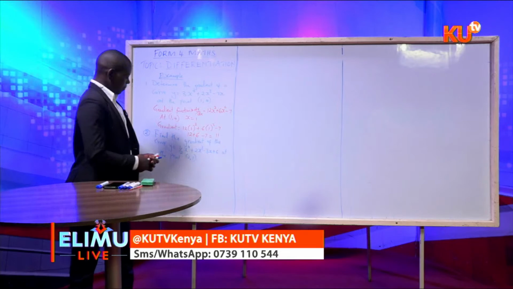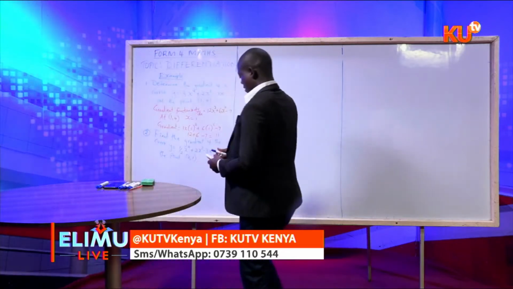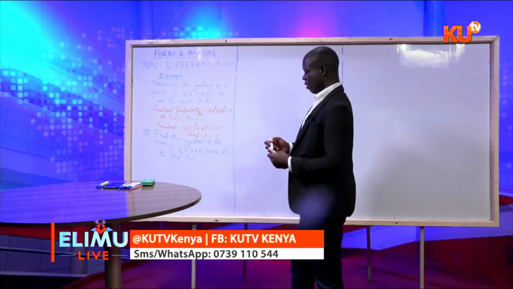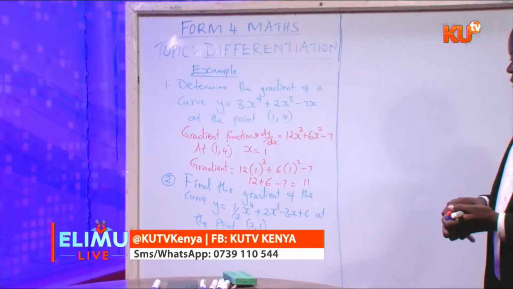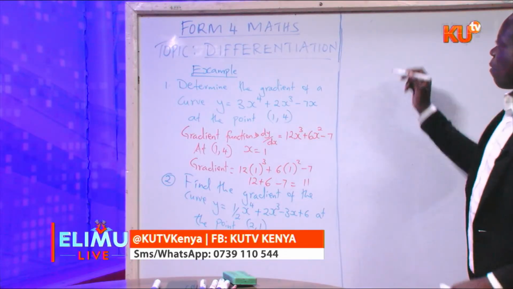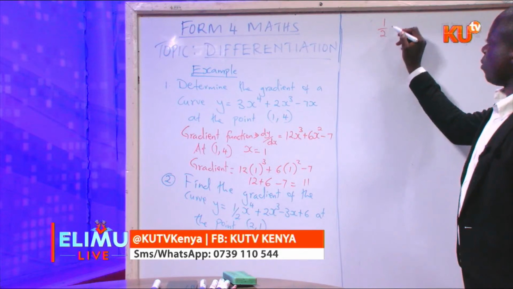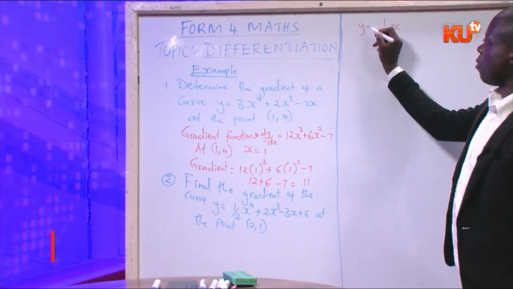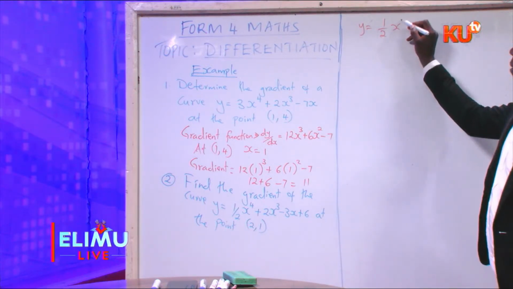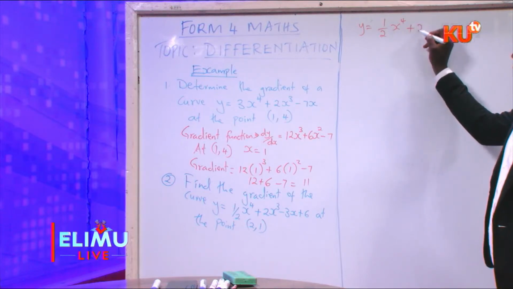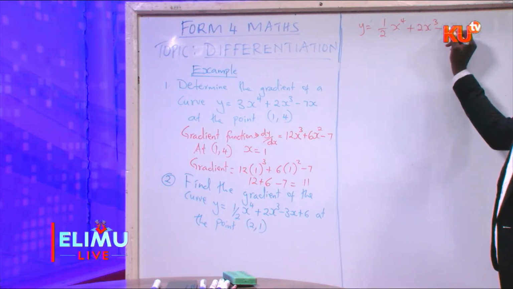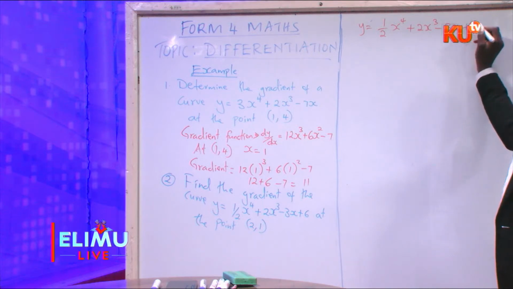So let's be guided together. We are working out the gradient of the curve y equals 1 over 2x power 4 plus 2x cubed minus 3x plus 6.